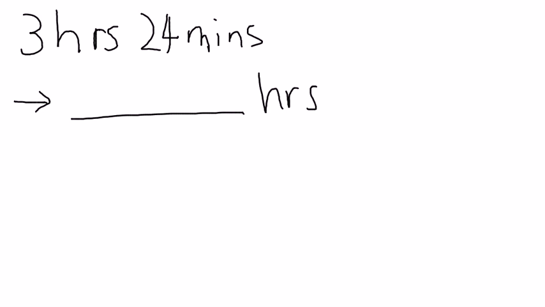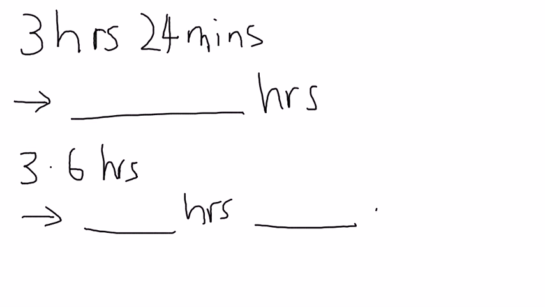Now, 2 times. If you see a question that has 3 hours, for example, 3 hours and 24 minutes, and asks you to convert it to hours, or they may give you 3.6 hours to convert it to hours and minutes.